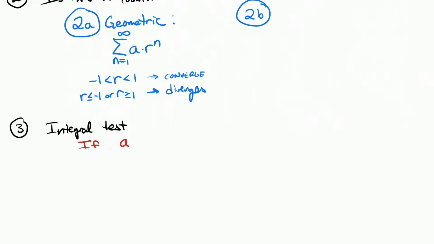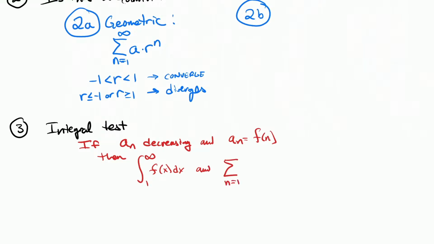If a sub n is decreasing, then, and a sub n is equal to some function, then this integral and this summation share the same fate.